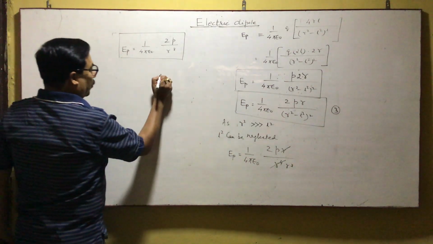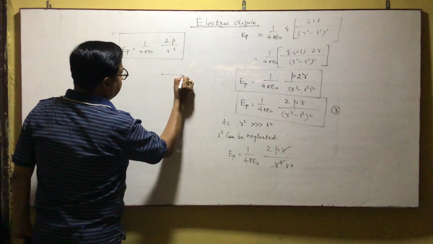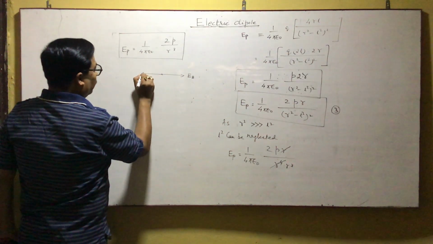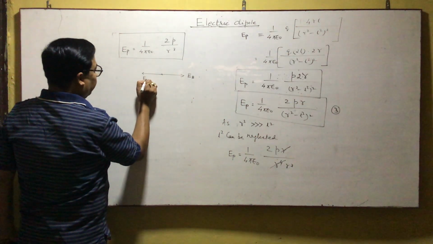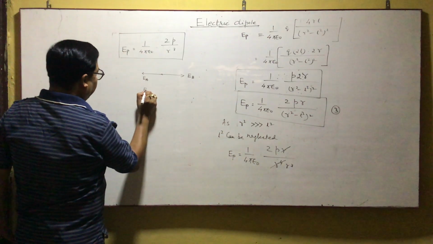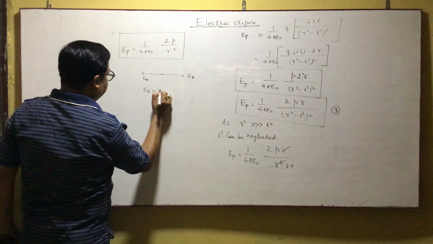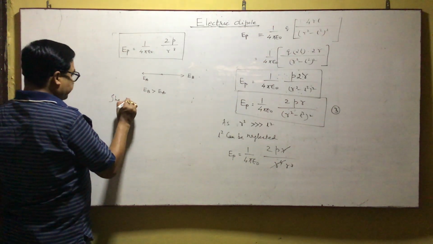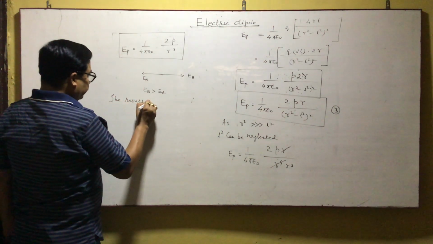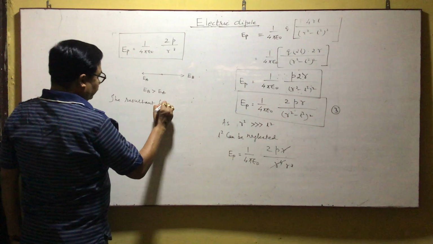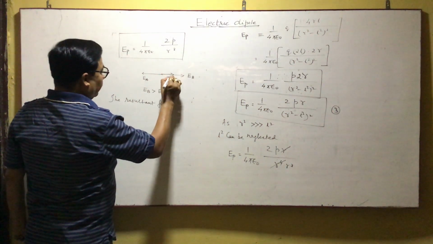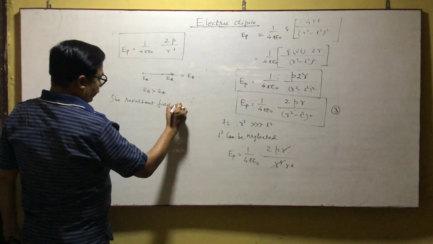And from the diagram it is very much clear, this is the direction of EB, this is EA, and as EB is greater than EA, the resultant field ER is towards EB.